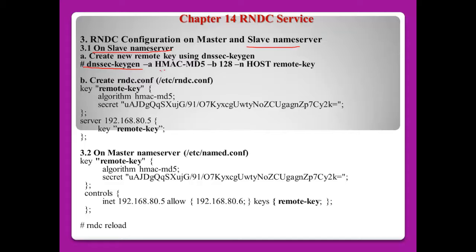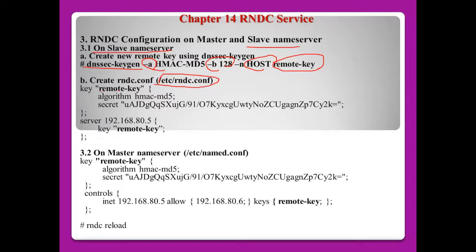This one is the same: the algorithm and the key block size, and the host, and the key name will be, in my case, the remote key. So first here, in the client part and in the slave part, create this file as well.